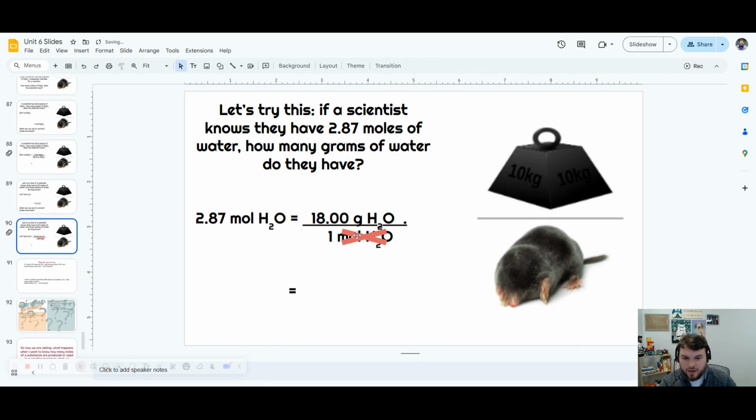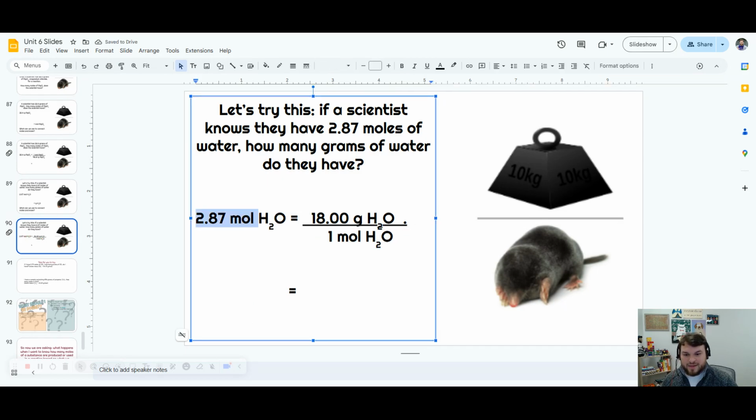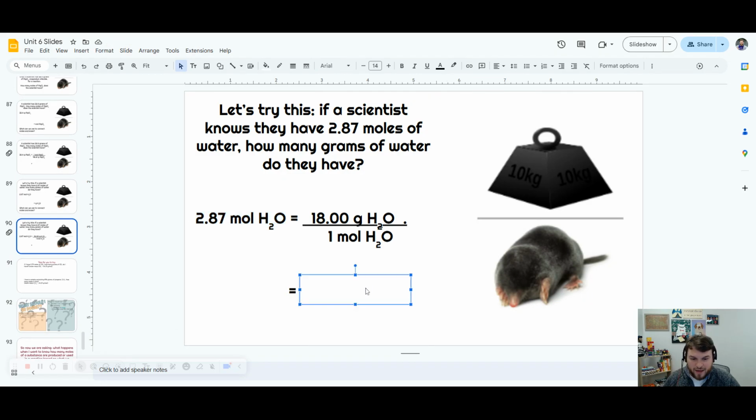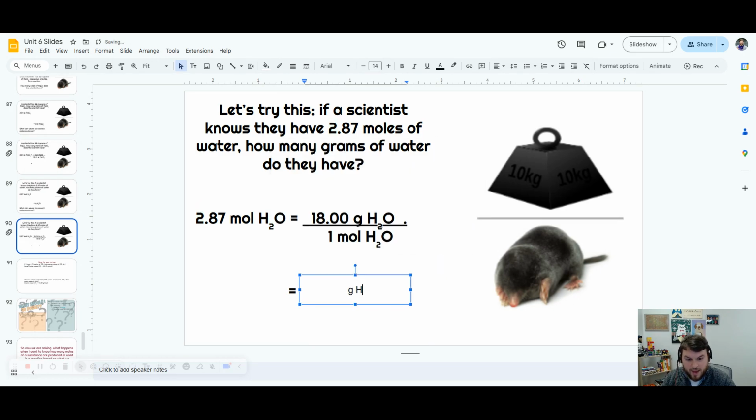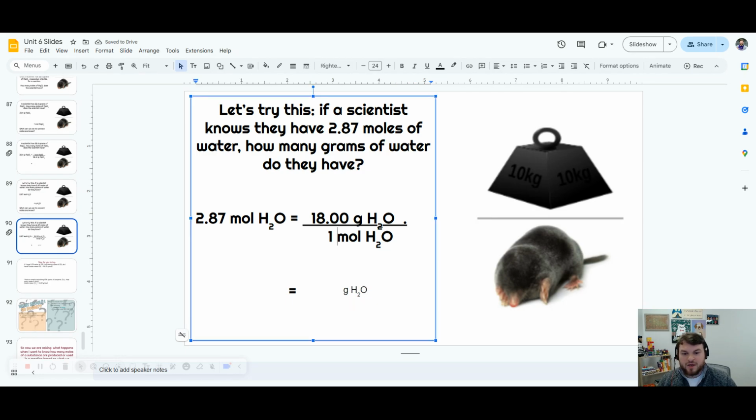And so what we do here is we will be taking the 2.87 moles of H2O, which is what we're starting with, right? And we're trying to find grams of H2O. And our way to relate grams and moles of H2O is the molar mass. And so the molar mass is given to you here. The molar mass of water is 18, right?